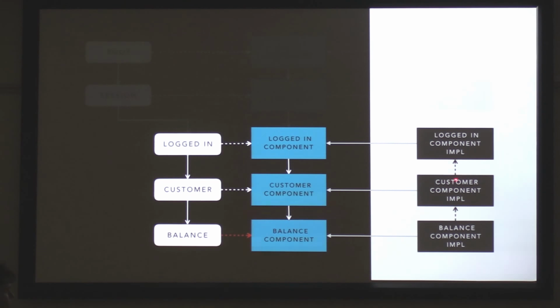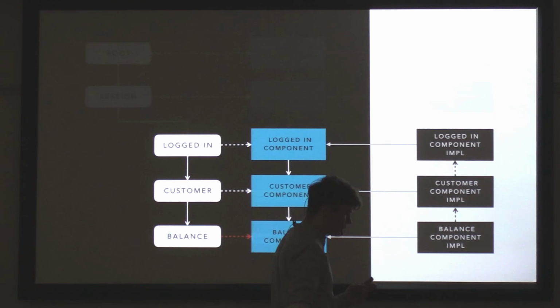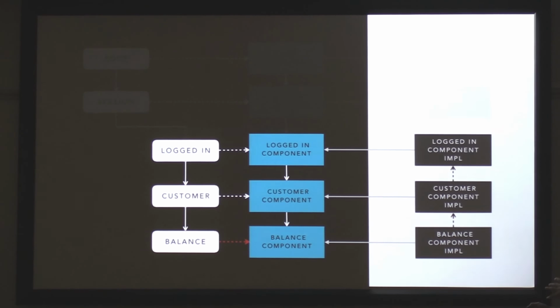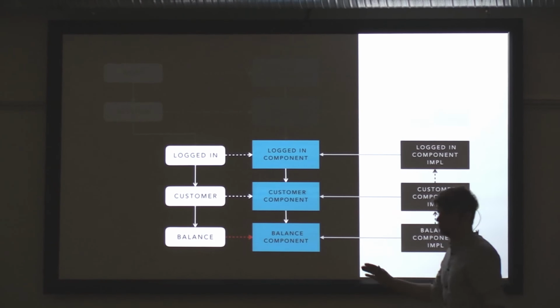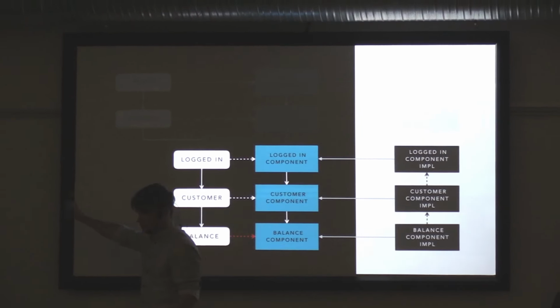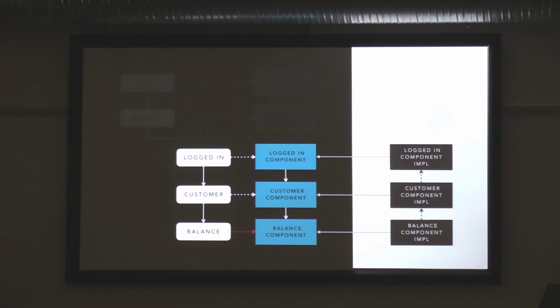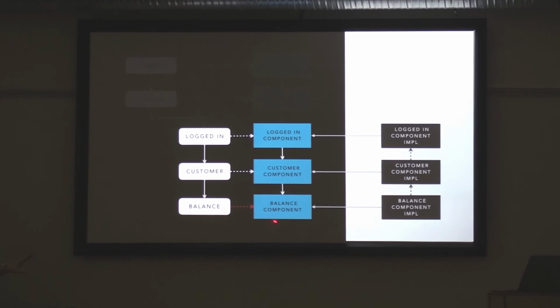So you would say that the customer component now depends on something else coming before the logged in. This is inevitable in a sense, but it's a really minor price for what you get, because what we should be caring about is what's happening here in the invisible part, the business logic. Everything which you cannot see lives here. This is where your controllers live, your various interactors and stuff like that, and domain modules. This is only the dependency part.